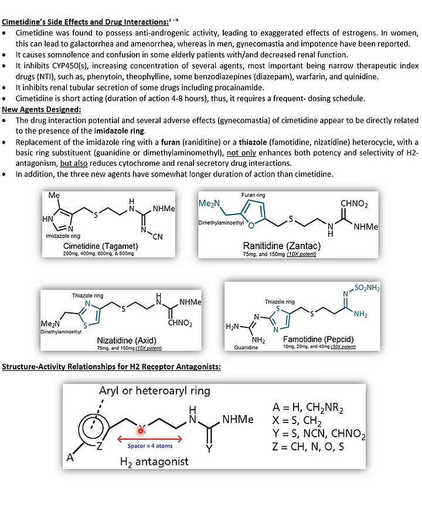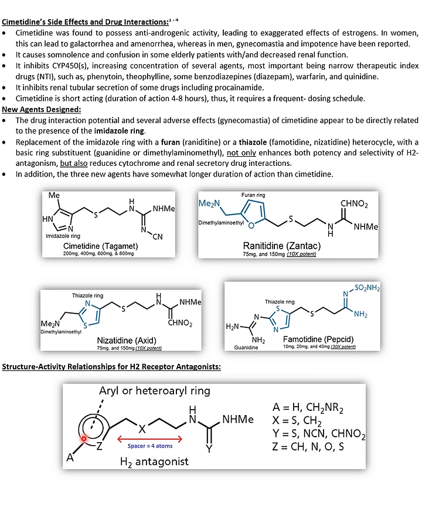And the X here could be a sulfur or could be a CH2. On the left side of the spacer, we should have a heteroatomic ring, such as the thiazole or the furan. And like we mentioned, the imidazole would cause a lot of side effects, but that's still a valid ring.